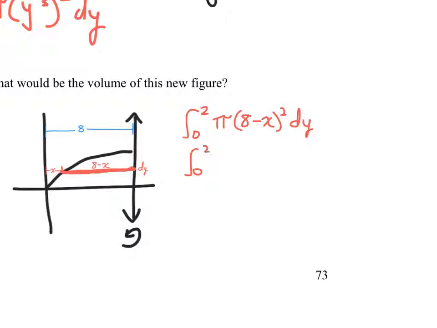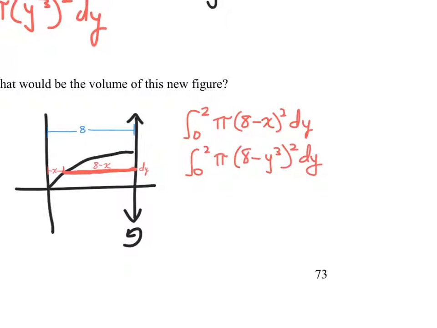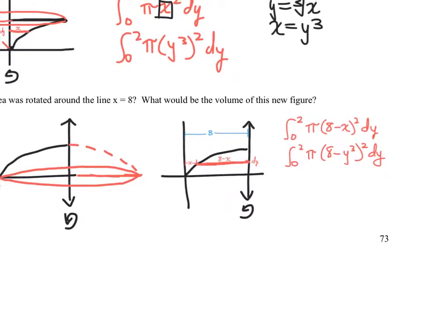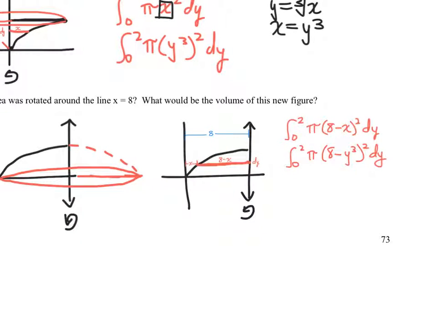So on the interval of 0 to 2, pi times 8 minus y cubed quantity squared dy. Same function, different axis of revolution in each case, therefore potentially different volumes, but all having to do with what you define as the radius.